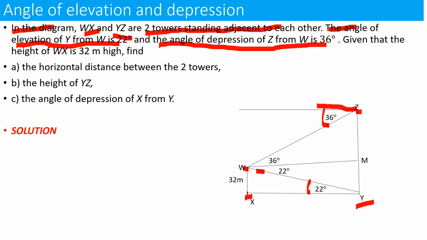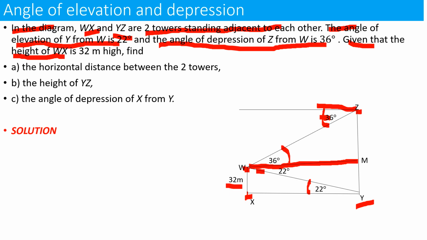Since the angle of elevation here is the same as the angle of depression, you project a line here, then you draw a line so that we can do calculation up to this point. So it's given that the height of WX here is 32 meters.